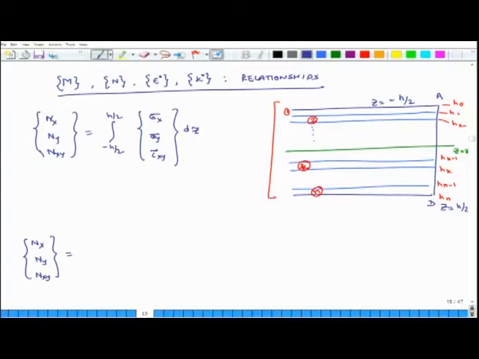And we know that when we go from one layer to another layer, sigma x, sigma y or tau xy can jump discontinuously because the Q matrix changes.